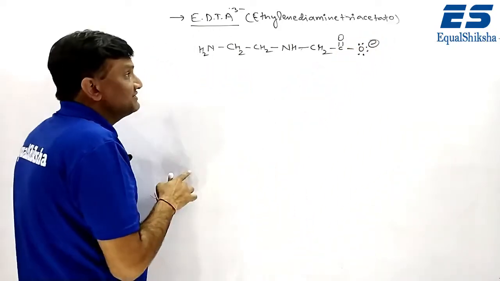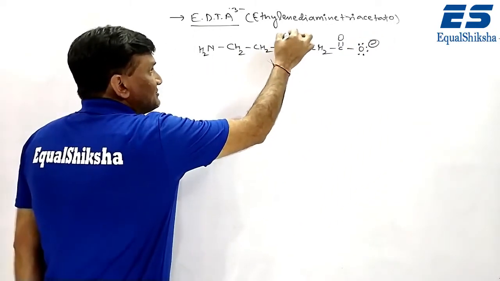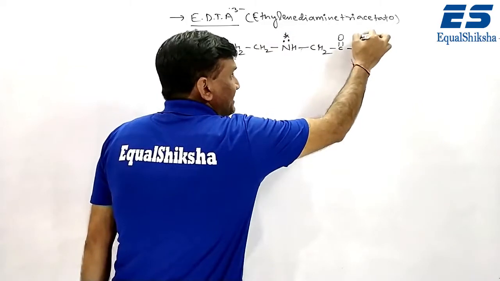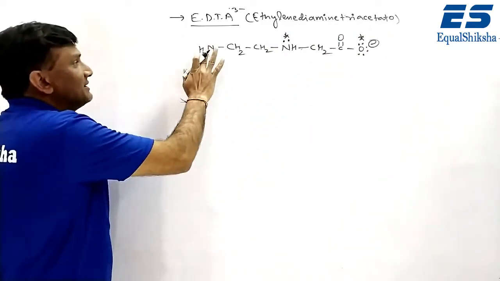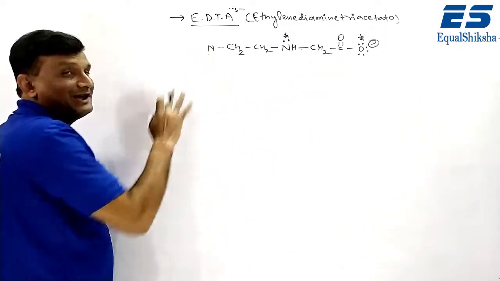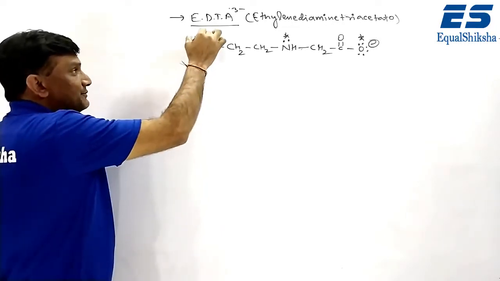It carries a -1 charge. This will be a donor atom, and the other is also a donor atom, so two donor atoms. Now we substitute these two hydrogens with the same acetato group.